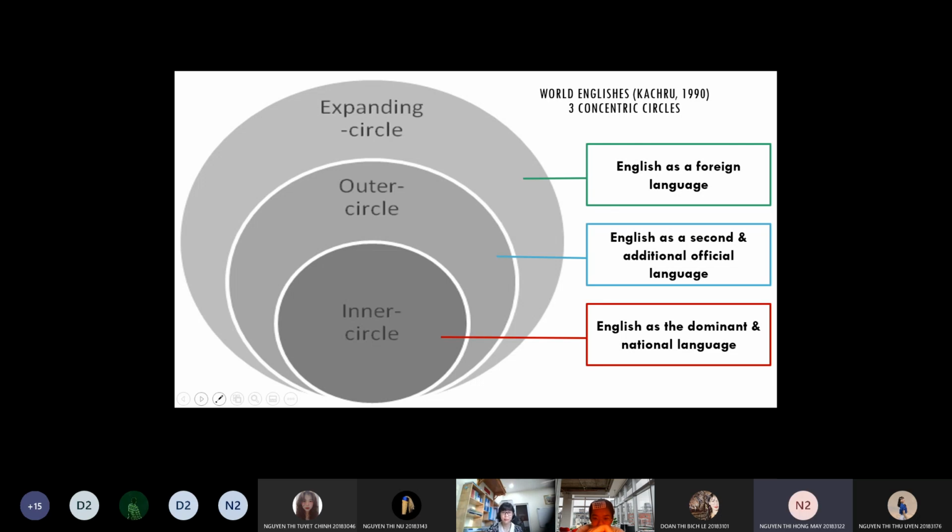I think it's different. How? In my opinion, with the country's English as a second and additional official language, maybe the environment of English in the countries is more fluent and more effective for the learner.